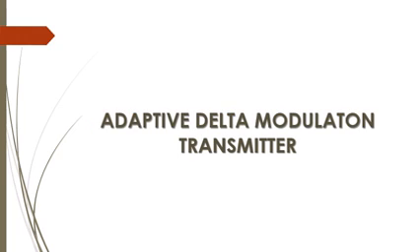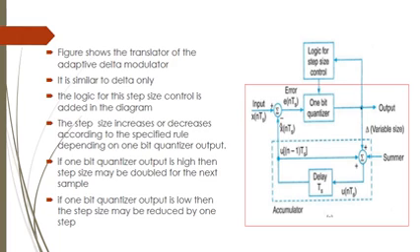Adaptive delta modulation transmitter. The figure shows the transmitter of the adaptive delta modulator. The logic for the step size control is added. As we see from the diagram, it is much similar to the block diagram of the delta modulator. The area shown in the red box is the delta modulator block diagram.